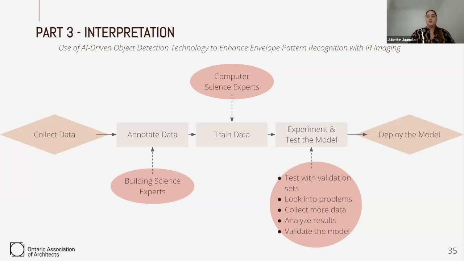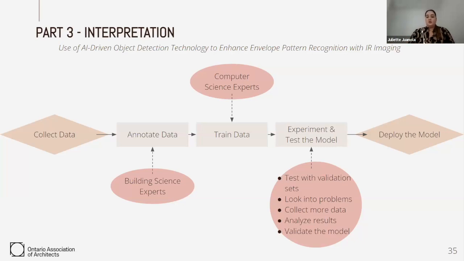So basically, in order to train this model, building science experts will annotate images and data, then give them to a computer science expert, who will use these images to train the model. And once the model is trained, it will be experimented with and tested by the computer science expert. And if the tests and the experimentations are not validating the model, then more data will be annotated and given to the model to be trained.